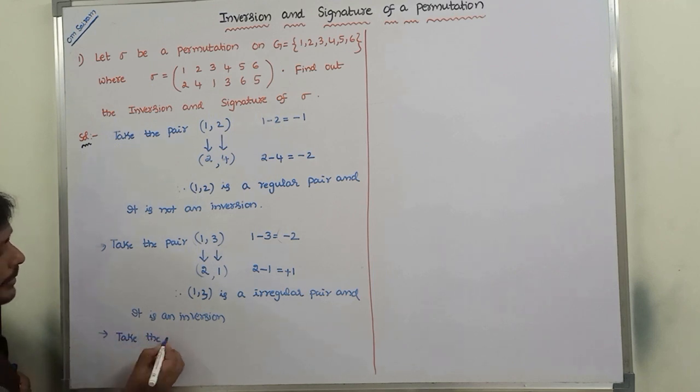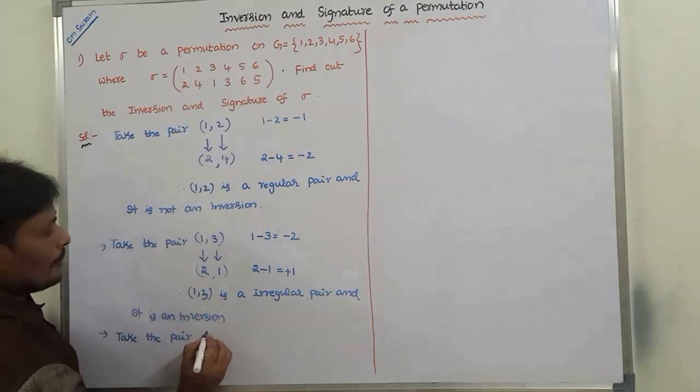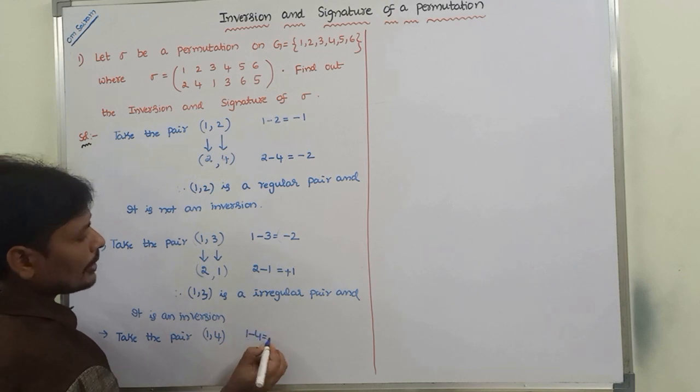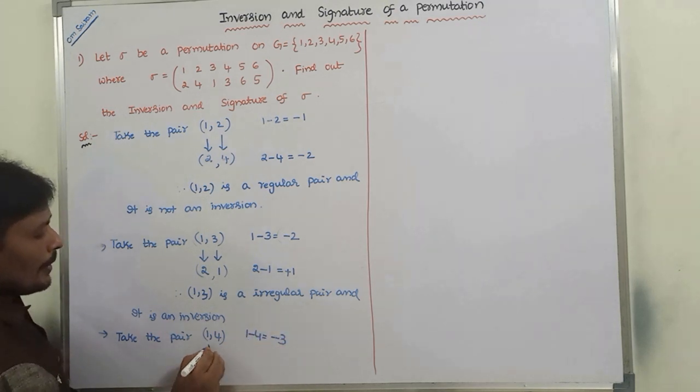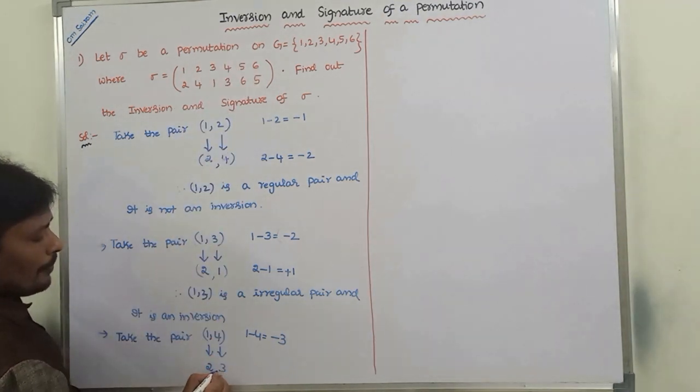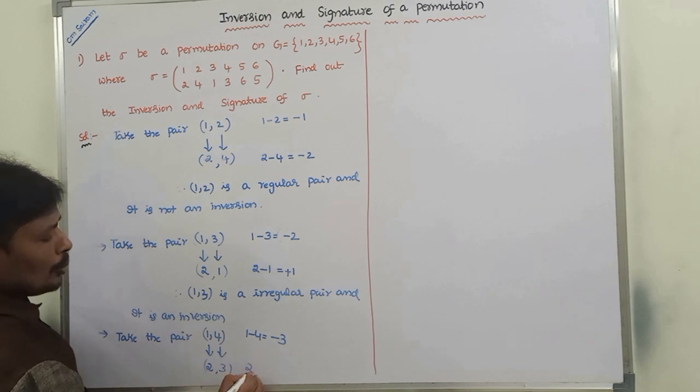Next, I am taking the pair 1,4. 1 minus 4 is minus 3. 1's image is 2 and 4's image is 3. So 2 minus 3 is equal to minus 1.